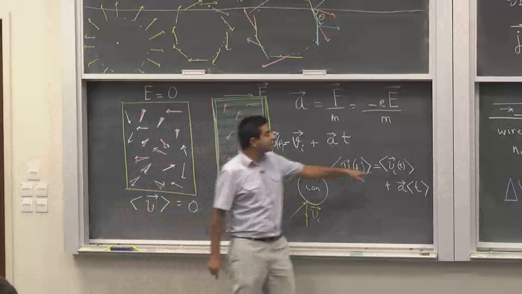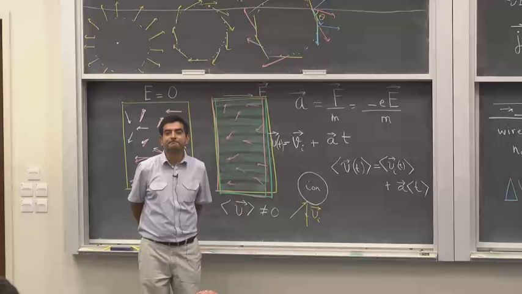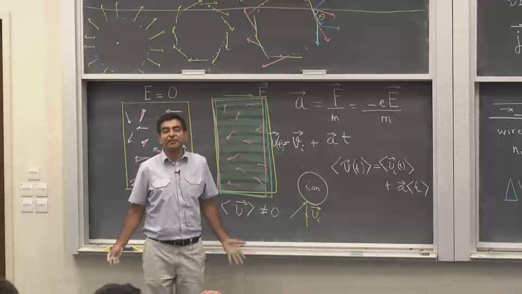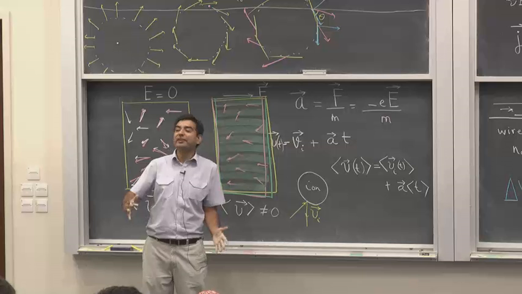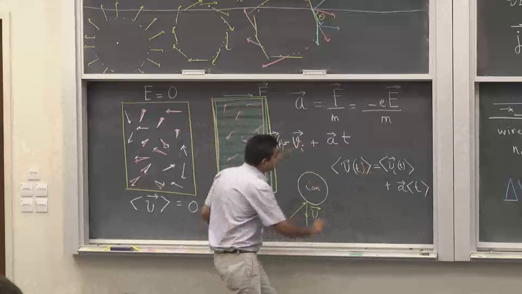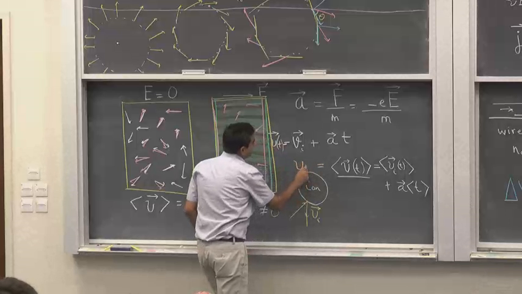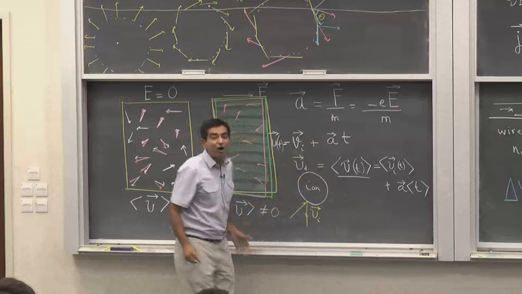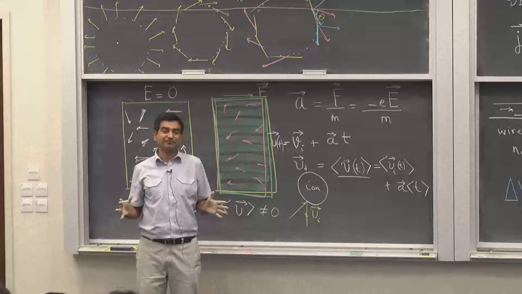Now what's the average initial velocity? The average initial velocity is 0 because these velocity vectors are all pointing randomly in all kinds of directions. So this is 0. So this average, I just call it Vd, the drift velocity of the sea of electrons.